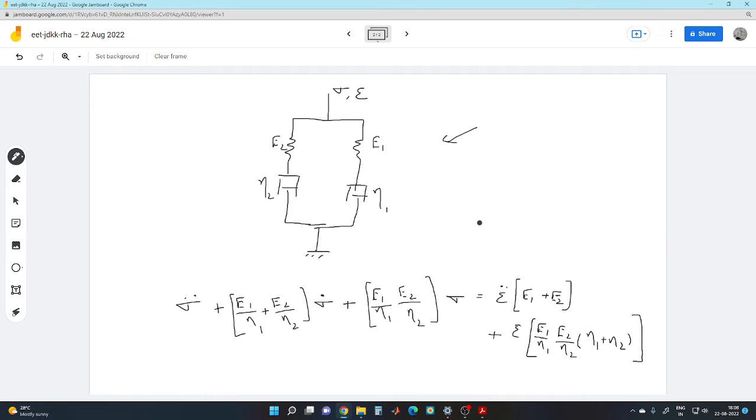And right now in this question, we use E1 equal to 10, E2 equal to 20, eta 1 equal to 1, eta 2 equal to 1. I have not taken any standard value or some experimental value. I'm just taking it for the sake of demonstrating the solution of this problem. The actual values may differ significantly in an actual scenario.